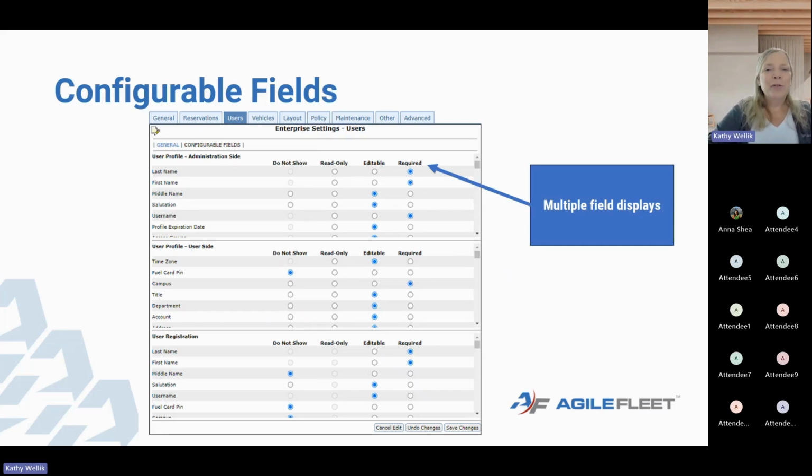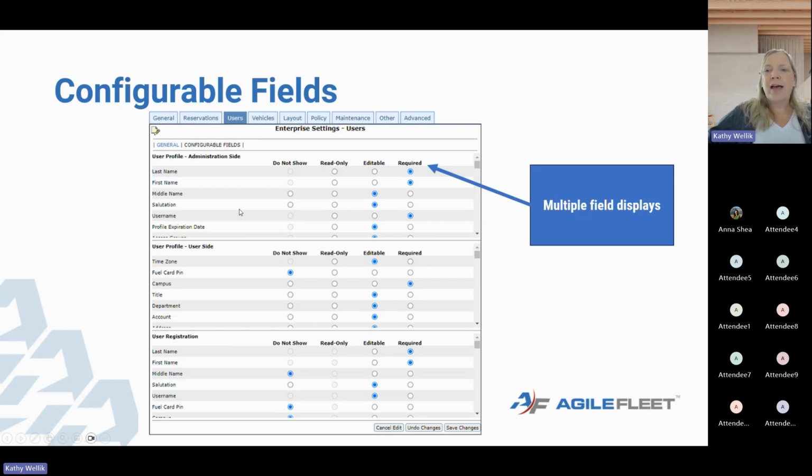There are more configurable fields, and there are multiple field displays that you can do for these configurable fields. So that second tab on the users is configurable fields. These settings determine what fields show and how they interact through FleetCommander pages. So this page is broken down into 3 different sections. It's broken down into the user profile on the admin side, the user profile on the user side, and then the actual user registration.